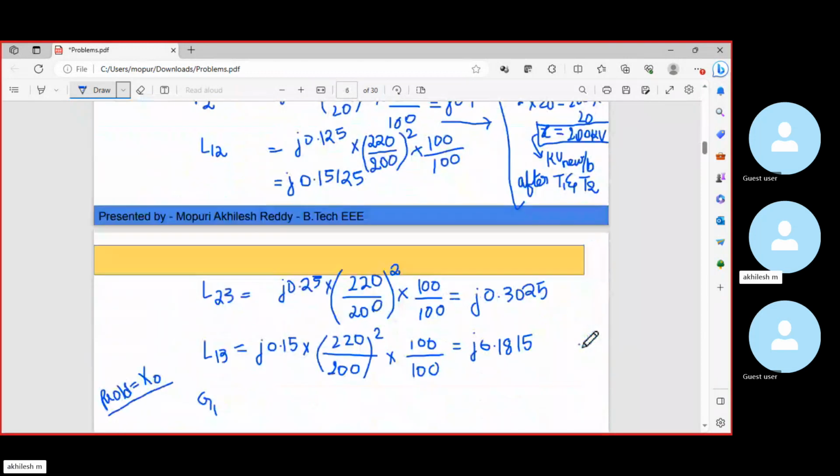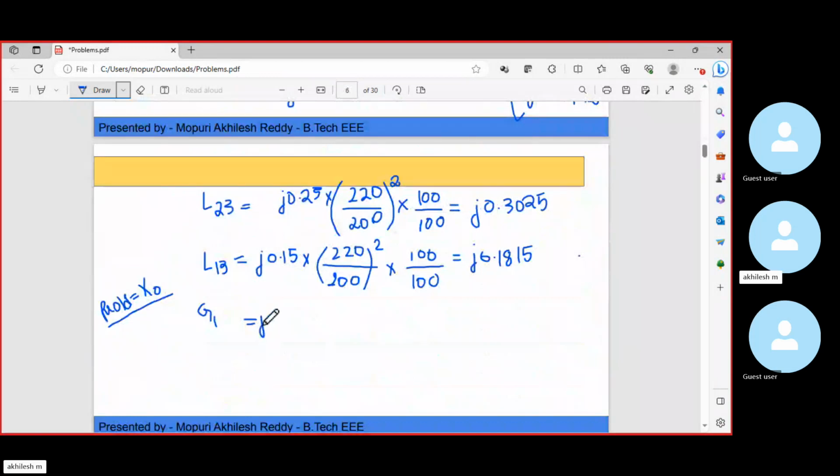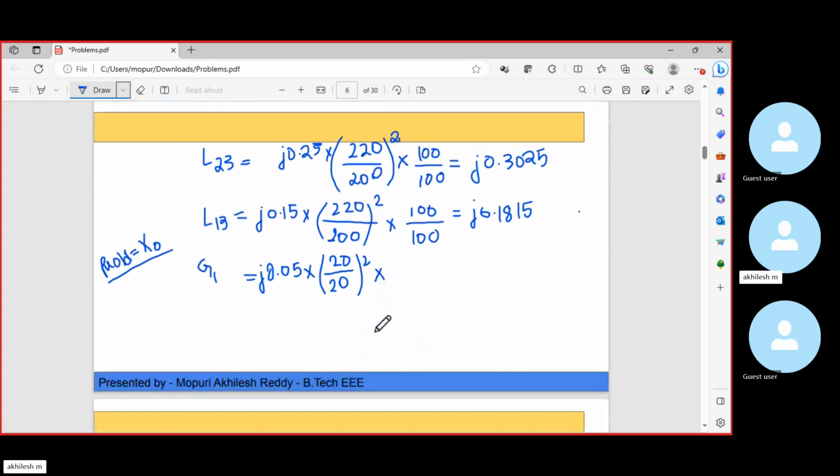So for generator 1, it is j0.05 into 20 by 20 whole square into 100 by 100, which is nothing but the same value. That is j0.05.